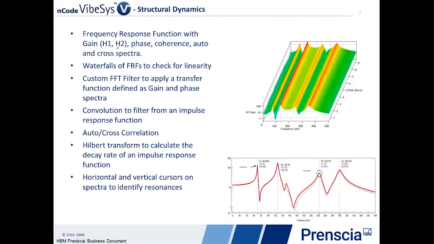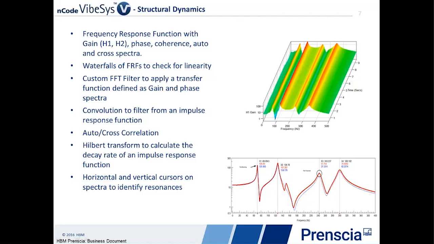Similarly, we've got the auto and cross correlation functions between input and output. We can do waterfalls of FRFs, which is quite useful when you want to check for linearity. If over time you increase the excitation on your shaker, for instance, and everything's linear, the response should increase proportionally. Therefore, the gain of the FRF should remain pretty much the same through time.